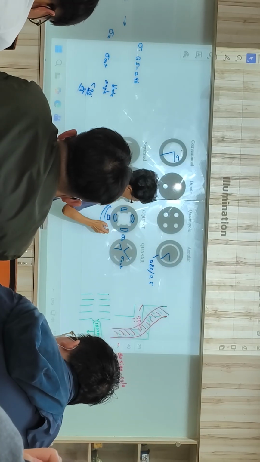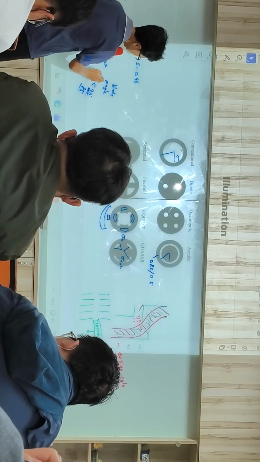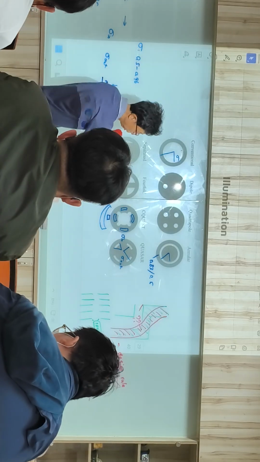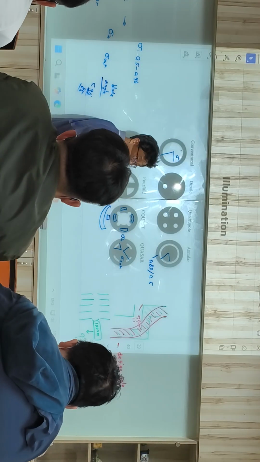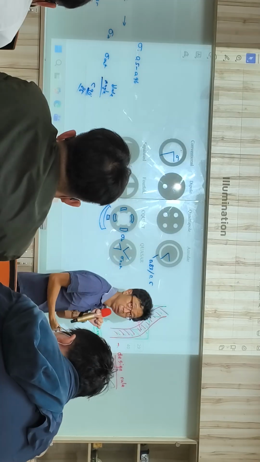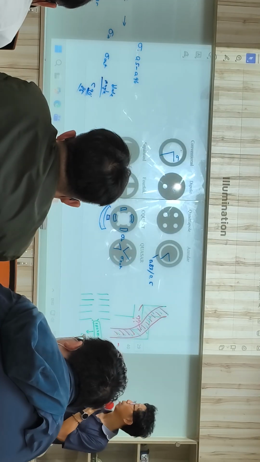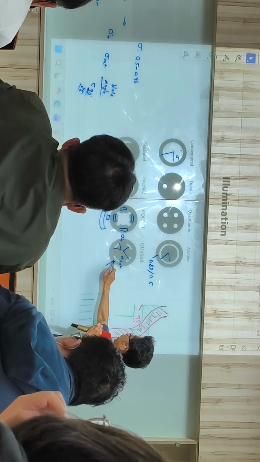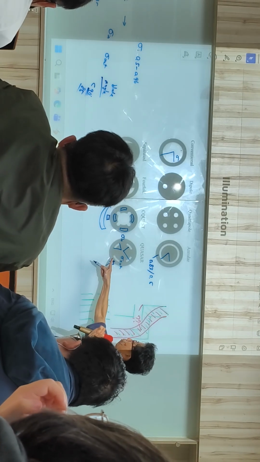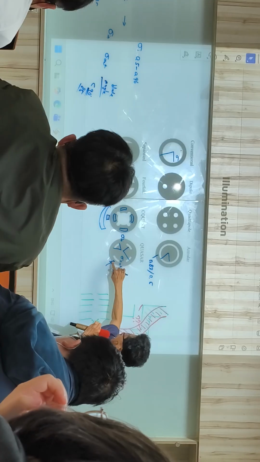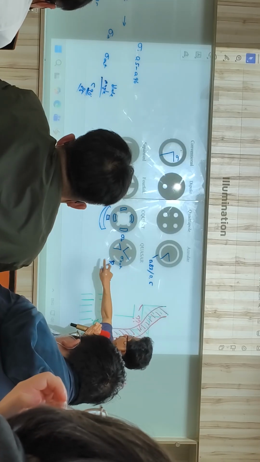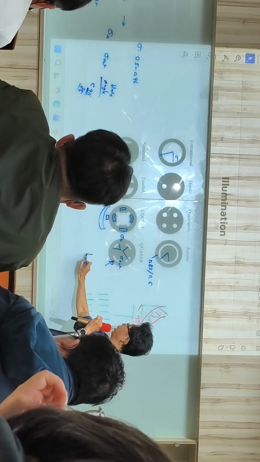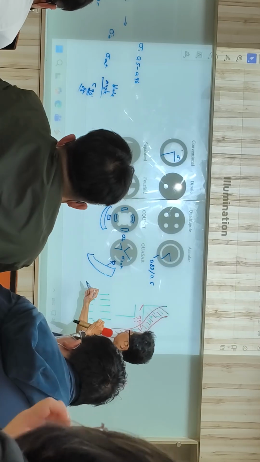So the blade angle is what needs to be defined in this illumination. Then the illumination is completely defined: you have in, out, and an angle. It's always this type of shape.